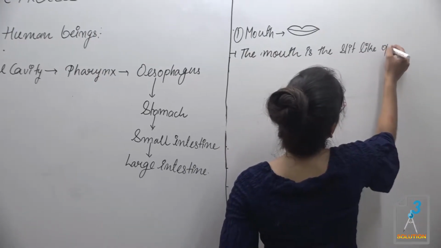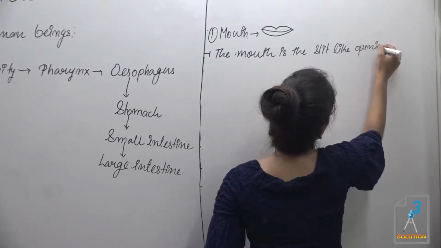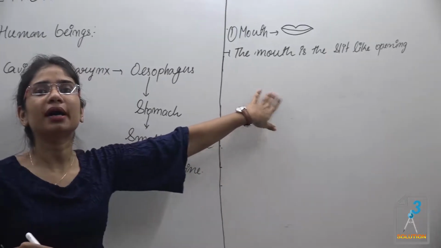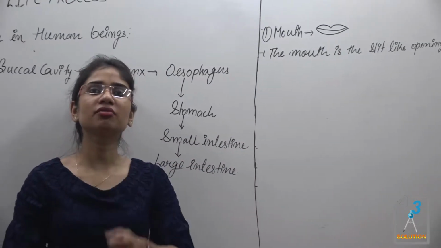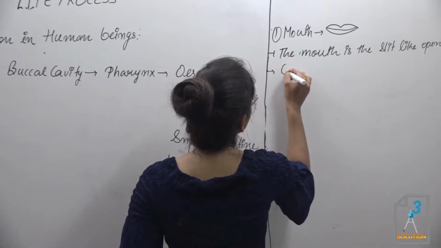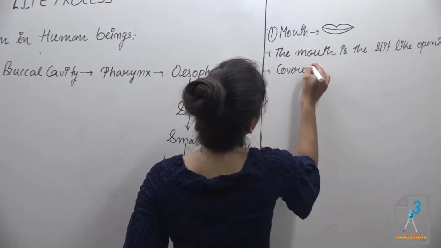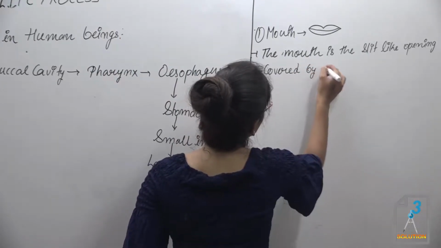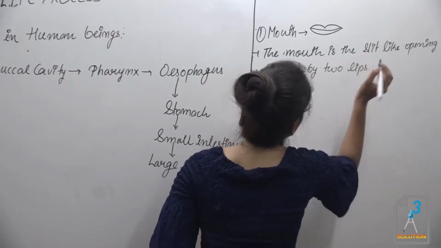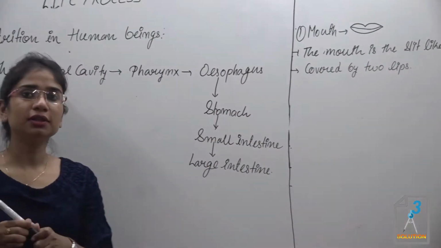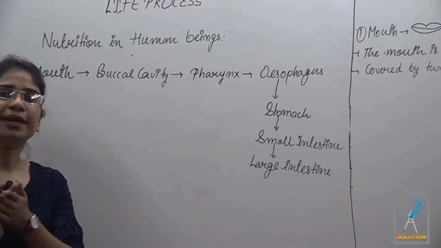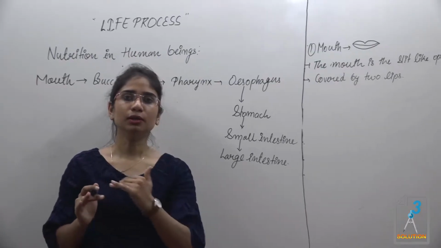Yes, it's a slit-like opening which is covered by two lips. Our mouth is covered by two lips, the upper lip and the lower lip.